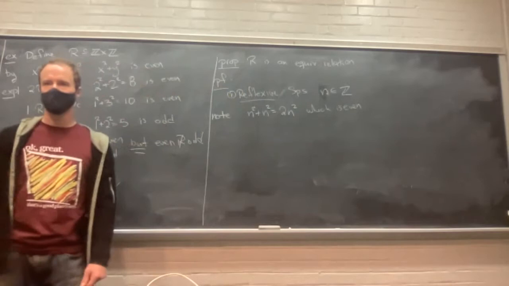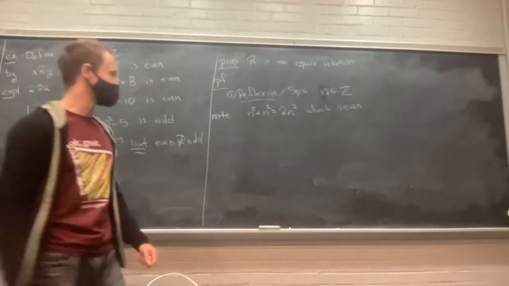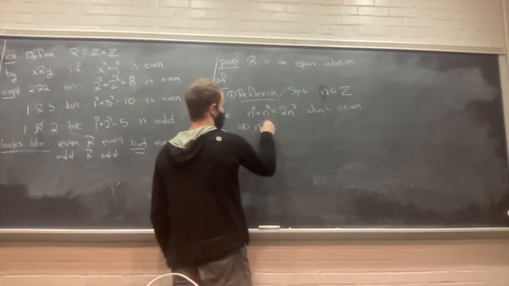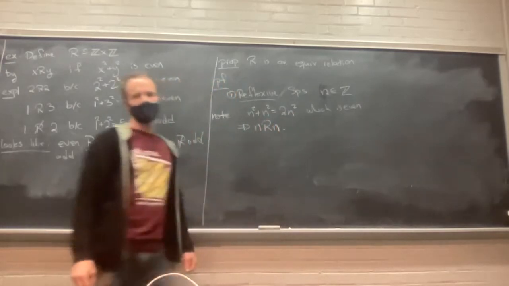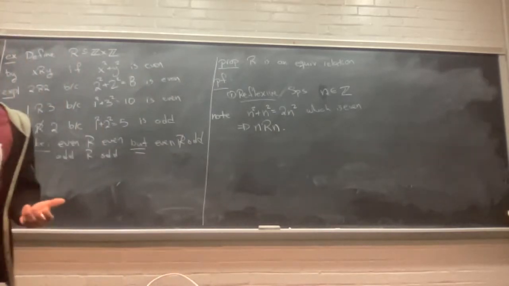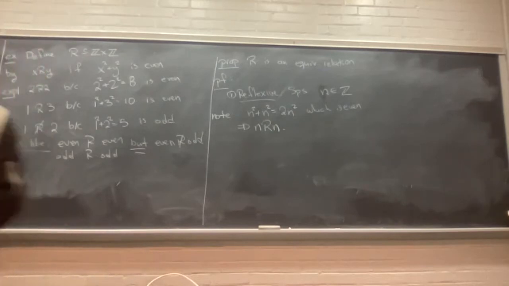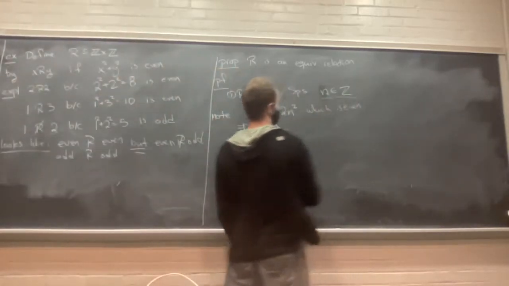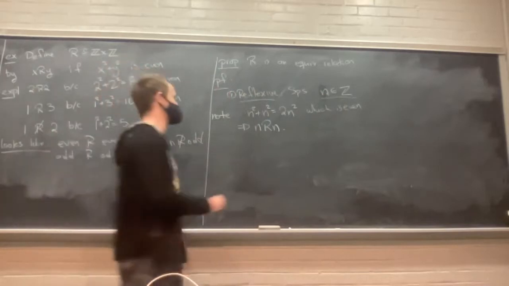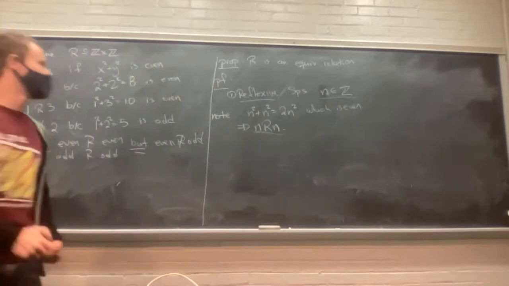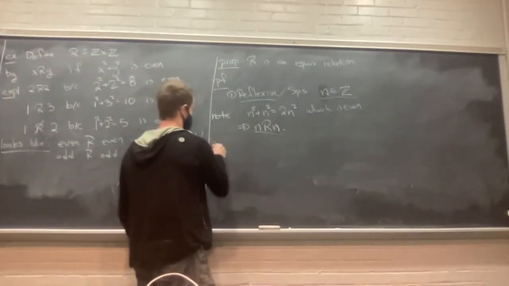We can all agree that that is even, but the fact that n squared plus n squared is even means that n is related to n, right? So that means it's reflexive. Because what have we done? We've taken an arbitrary element from the set, n, and we've shown that it is related to itself.